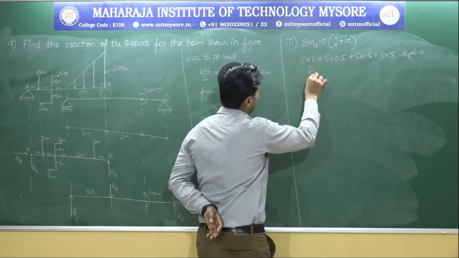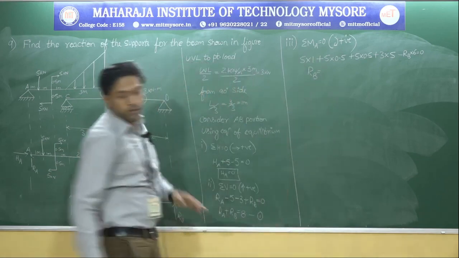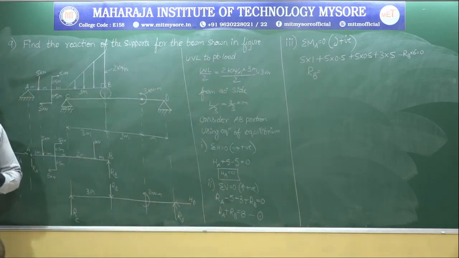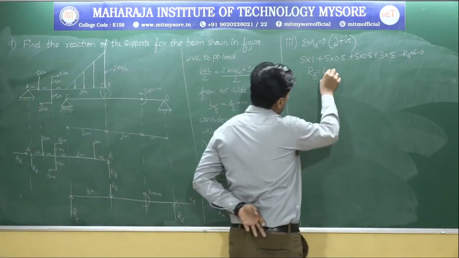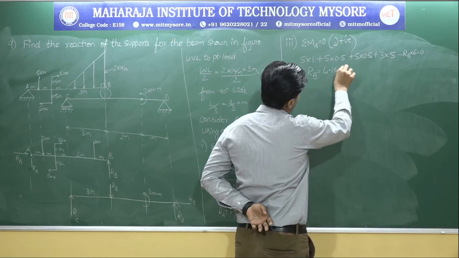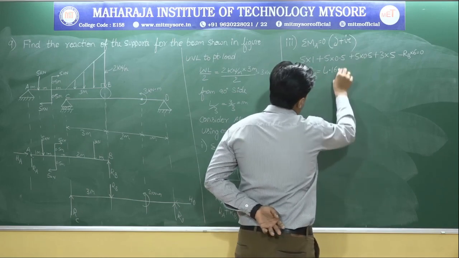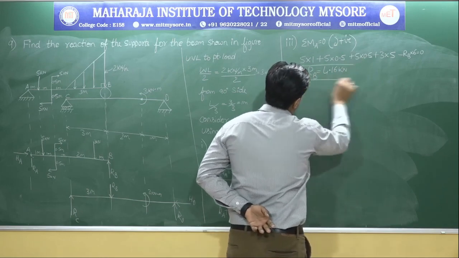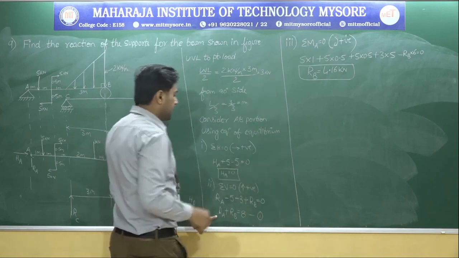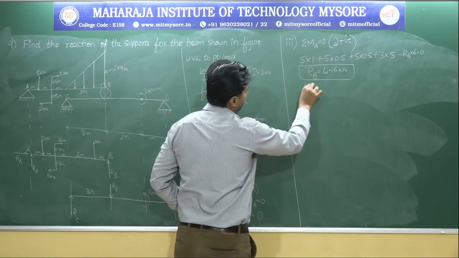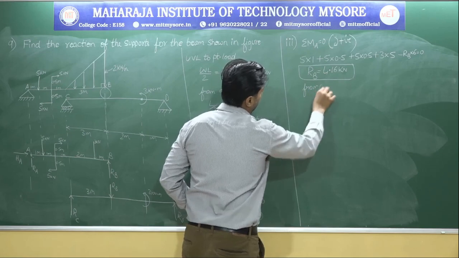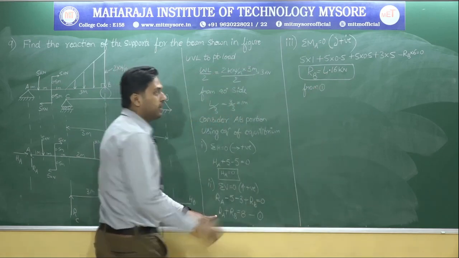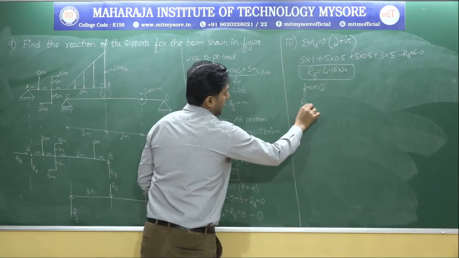After solving it, the value of RB that we will be getting here is 4.16 kilonewton. Now substituting this in equation 1, I only need to calculate RA.